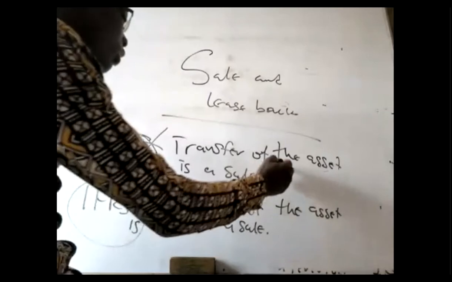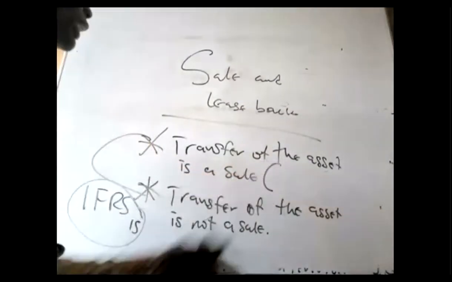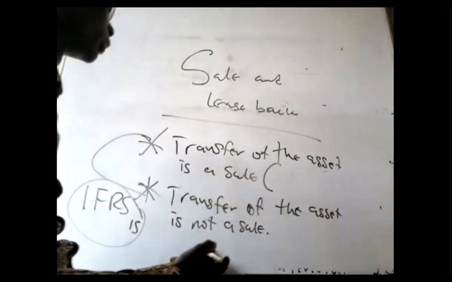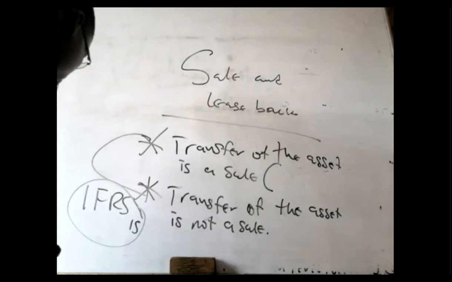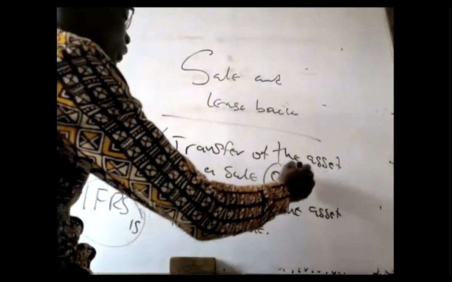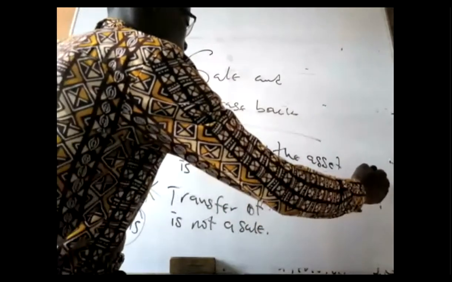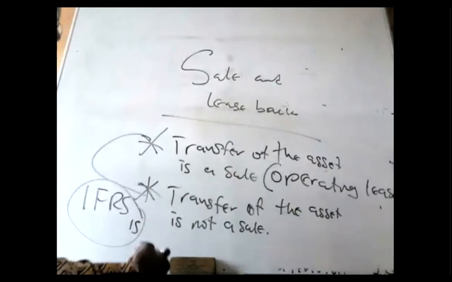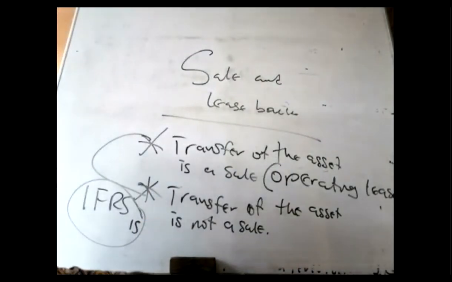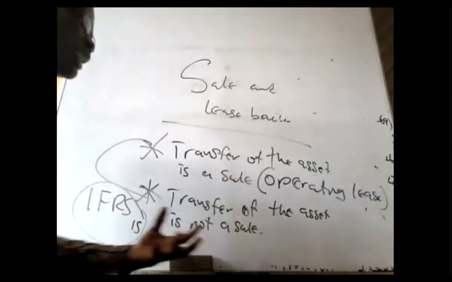I'll give you a small guide: the transfer is a sale if and only if the lease is under an operating lease. So if you lease it back under an operating lease, then it constitutes a sale. With an operating lease, you lose control.